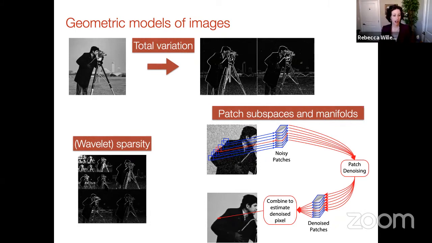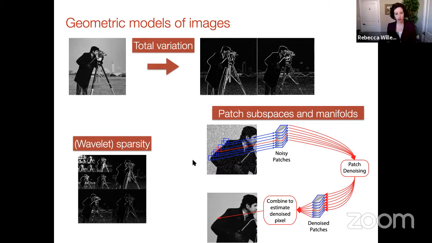Or we might look at the sparsity of an image in a wavelet basis, or even look at different patches in an image and try to create regularizers or models that exploit the fact that there's a lot of redundancy or self-similarity among those patches that can be leveraged to remove noise.